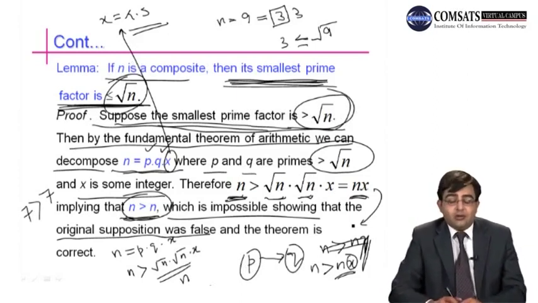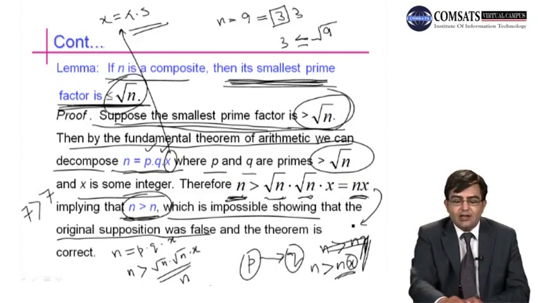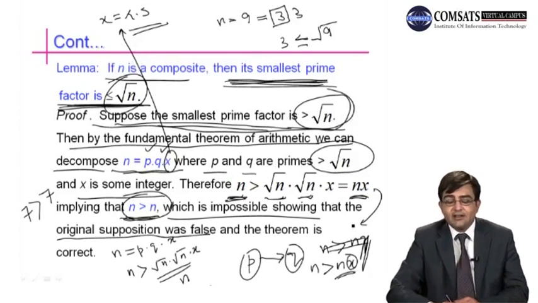So we conclude that what we have supposed is false. And if it is false that the smallest prime factor is greater than square root of n, then what will be true? Then the smallest prime number will be less than or equal to square root of n. This statement will be true, and hence the result has been proved.